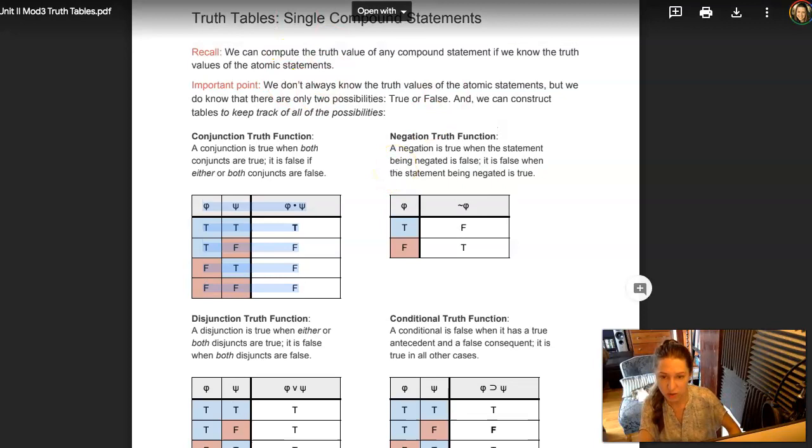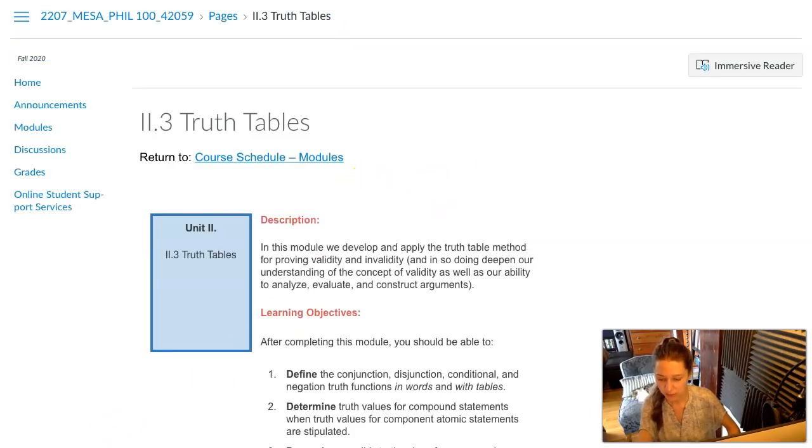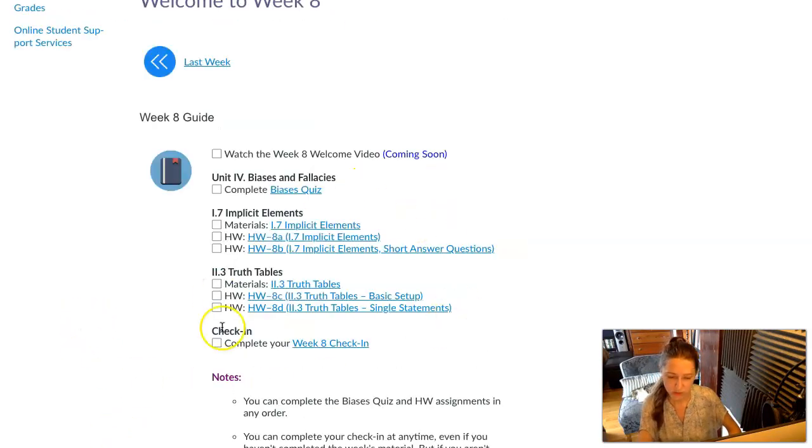Okay, so now let's go back to the home page and get started with homework 8C, truth tables basic setup.